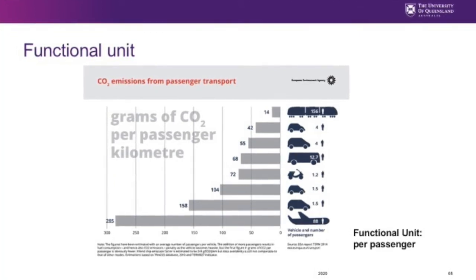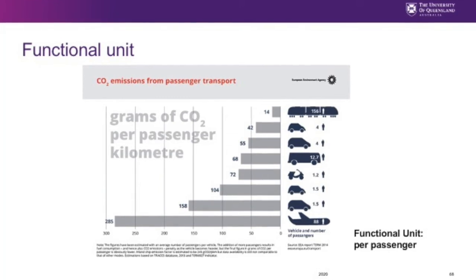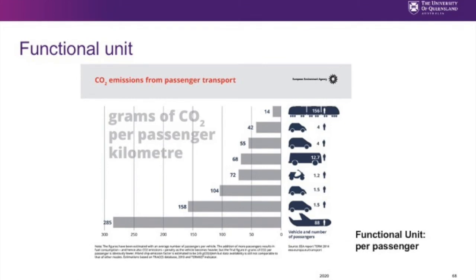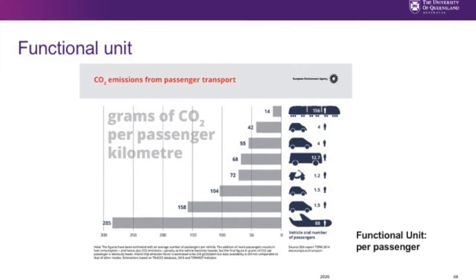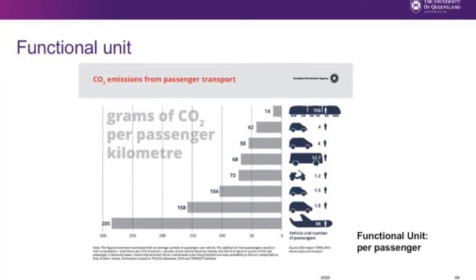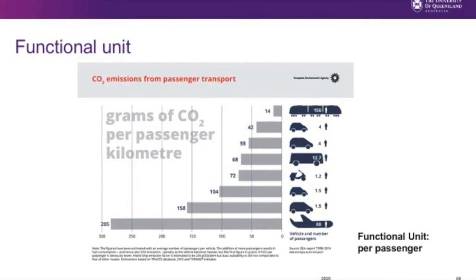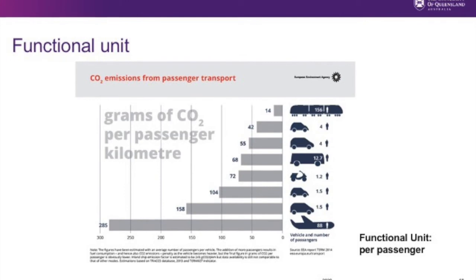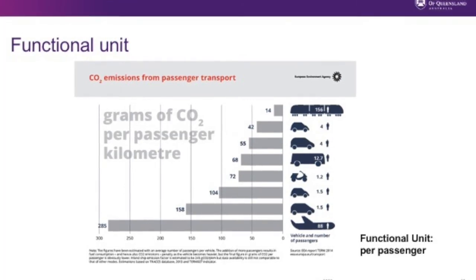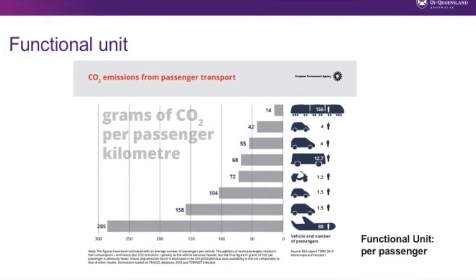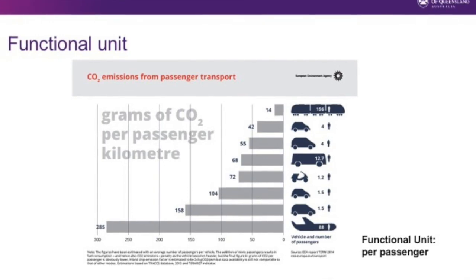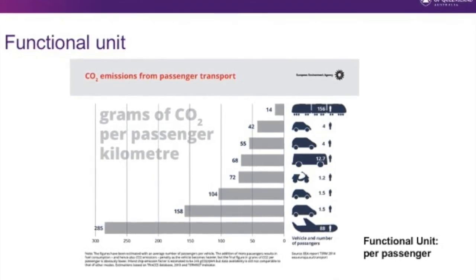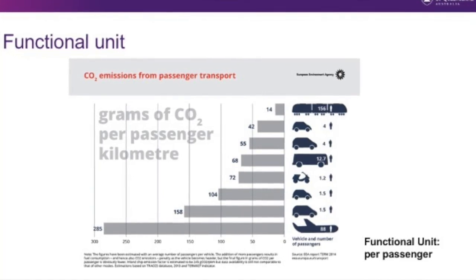So we can talk about the life cycle assessment of transportation, and we're going to look at the impact of greenhouse gas emissions, and the functional unit can be per passenger. So this per passenger will be our functional unit, and everything will be what is called normalized based on units per passenger.